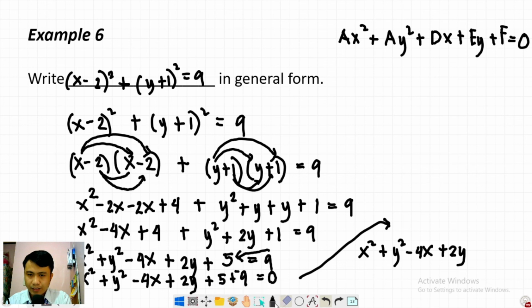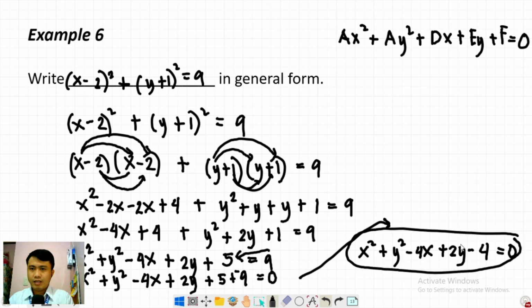So, negative ang sign natin. That is negative 4 equals 0. So, this is your equation in general form. Okay? And so, as you see, this is the solution in, of course, or the process in writing the equation of a circle in a standard form to general form.